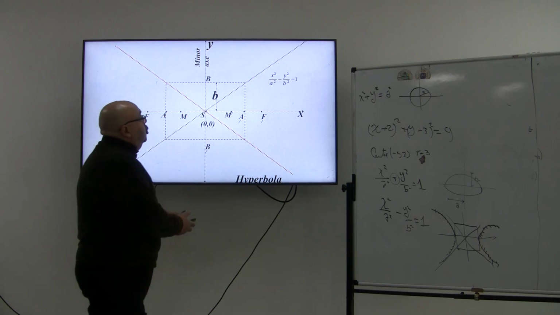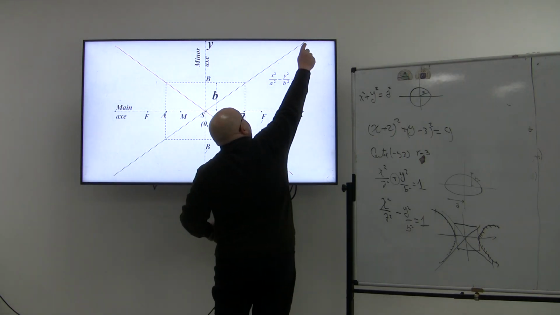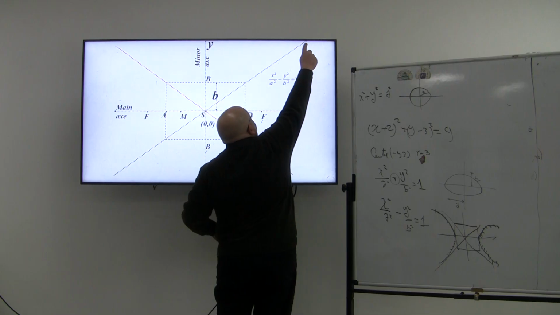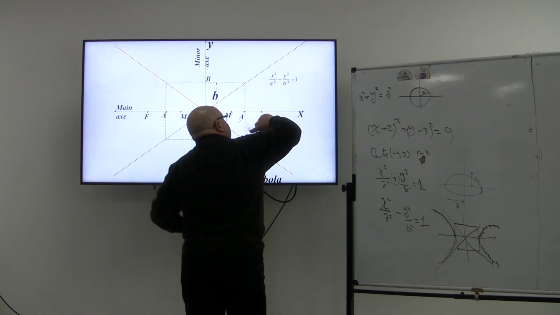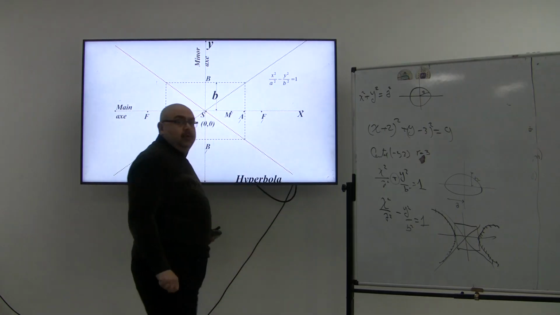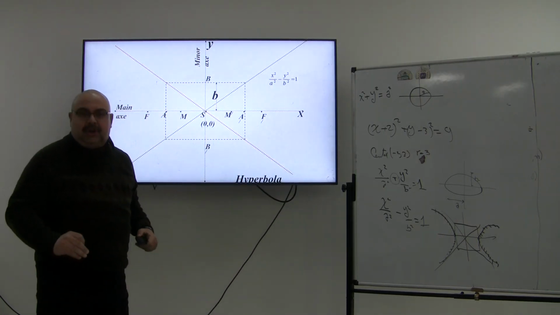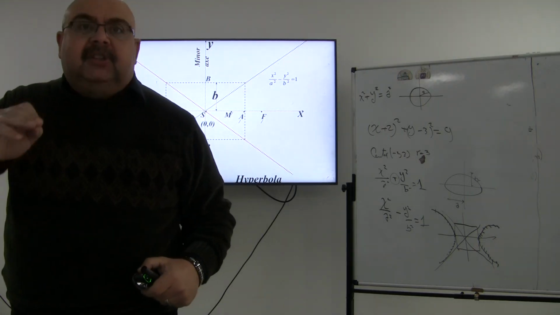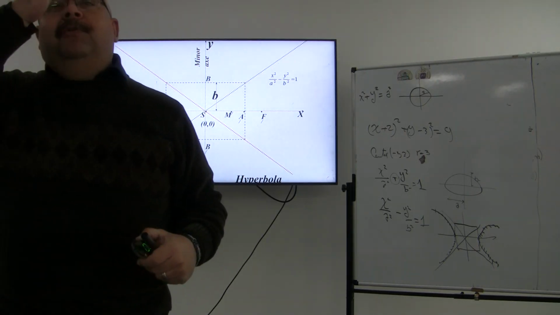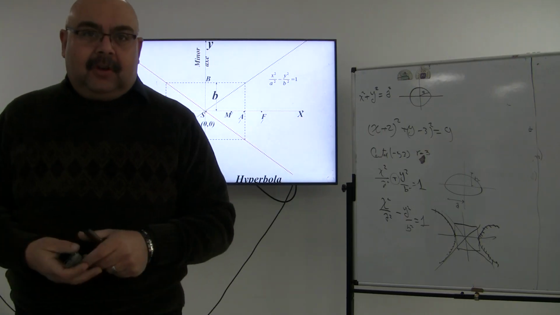Let's connect them together. Those are the two asymptotes, or major asymptotes, for a hyperbola. The hyperbola will move in such a way to be an asymptote for this line, touching at A. It means the curve will touch this line but at infinity. So it moves beside it. Okay?